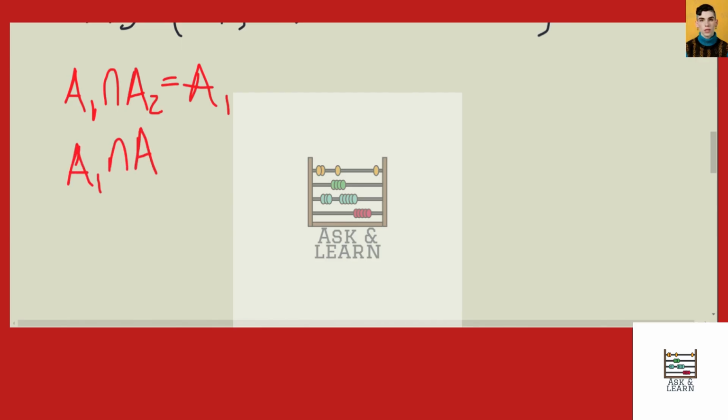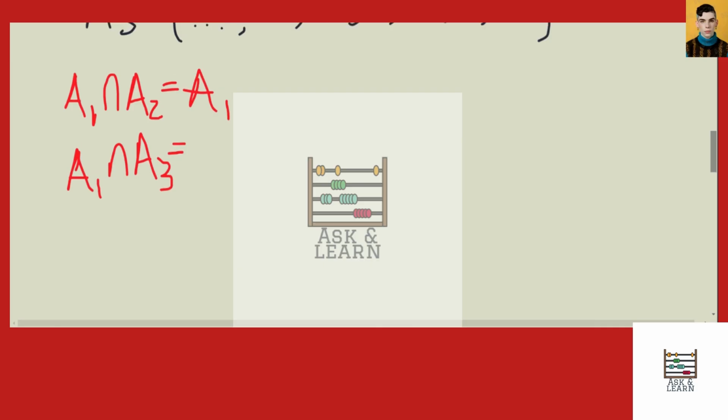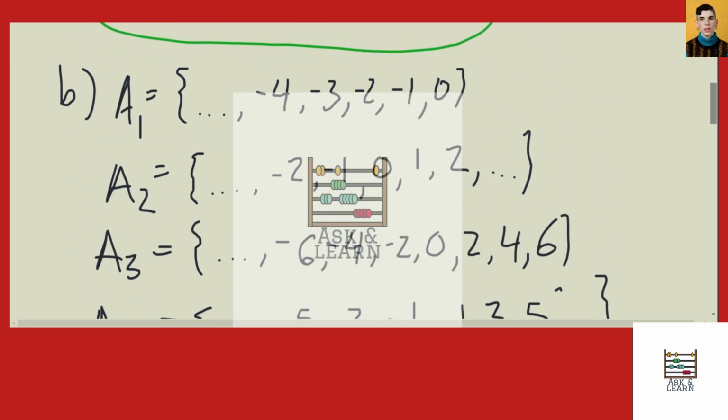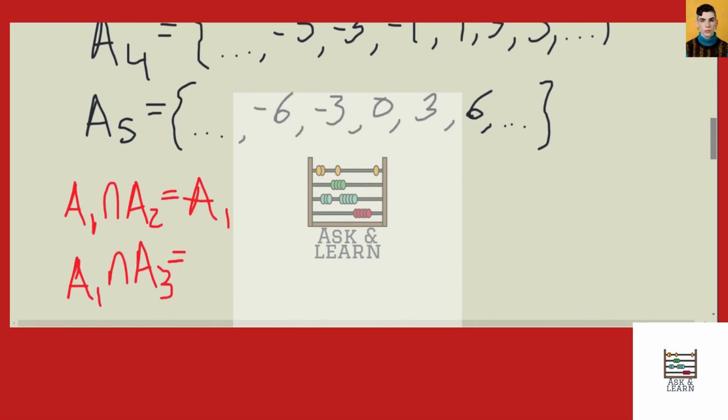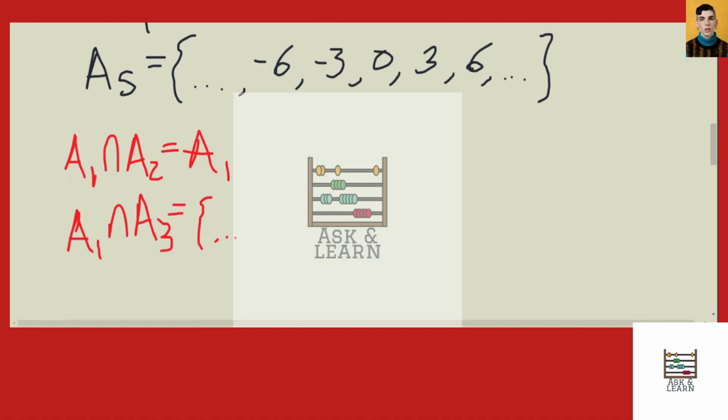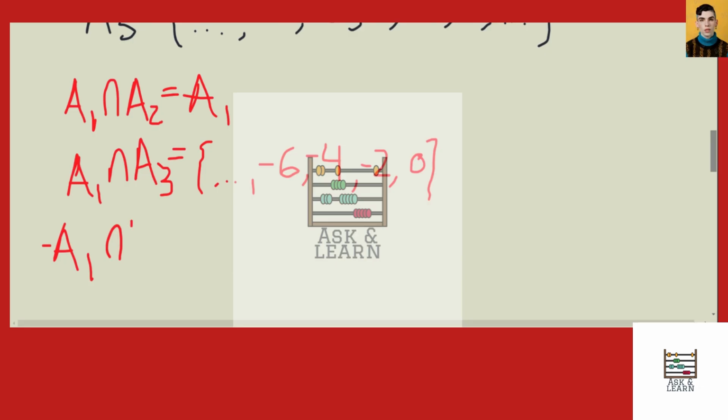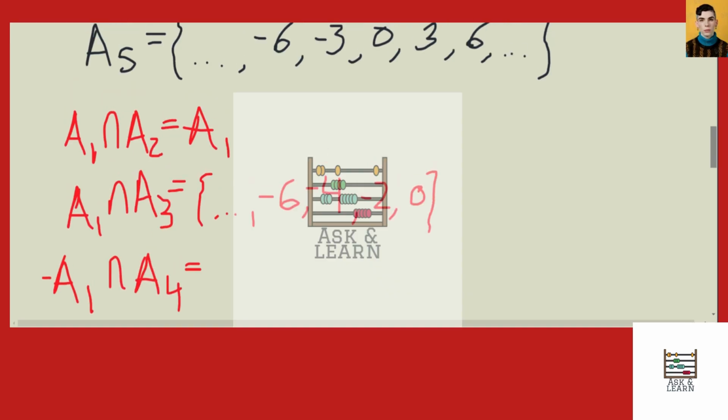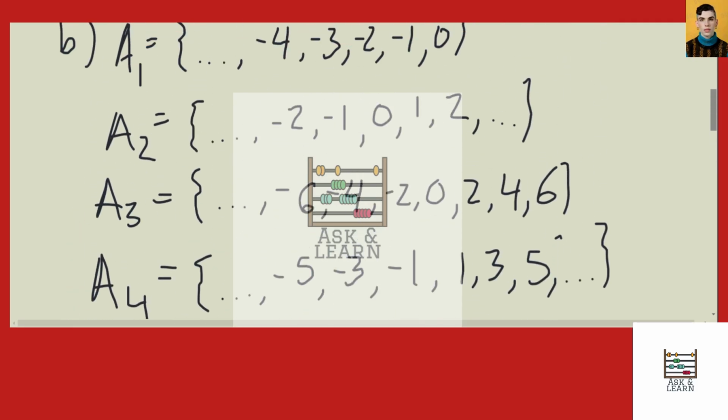A1 intersect A3. This is the negative integers intersect with the even integers. So this is going to be the negative even integers, so ..., -6, -4, -2. A1 intersect A4. This is the negative integers intersect with the odd integers.